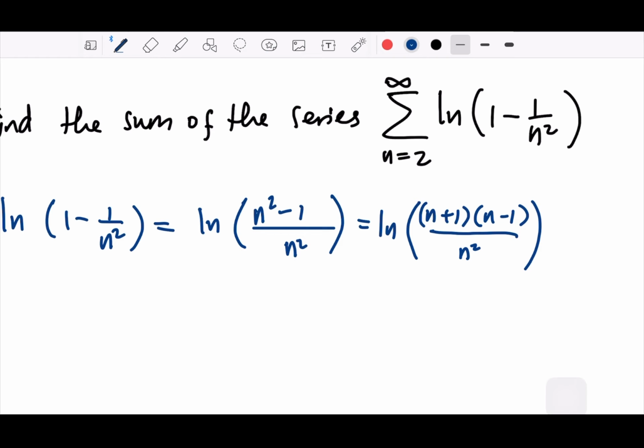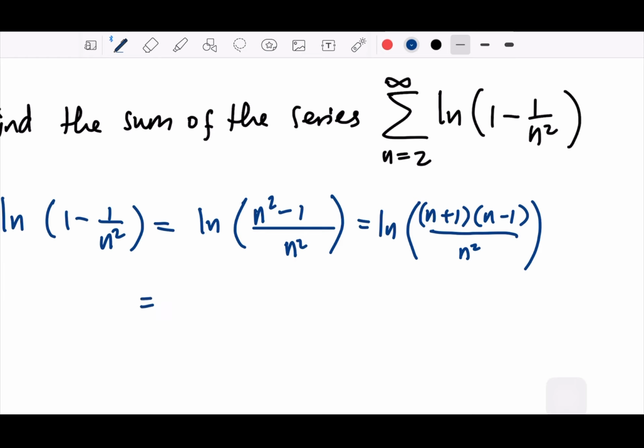Okay. Now another thing also, because we are dealing with ln, remember when you have ln a over b, we can rewrite the form as ln a minus ln b. Okay, so let's also try to write in those terms.